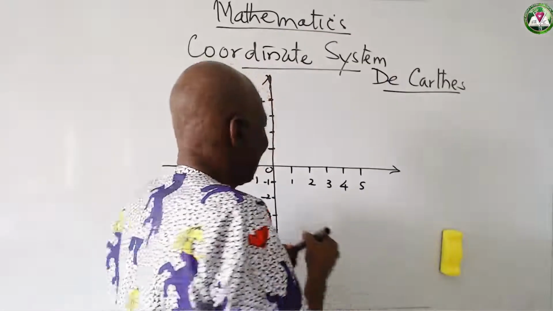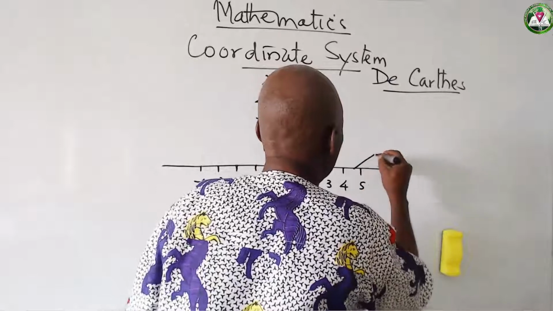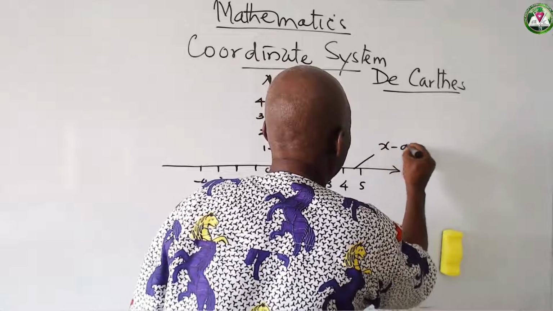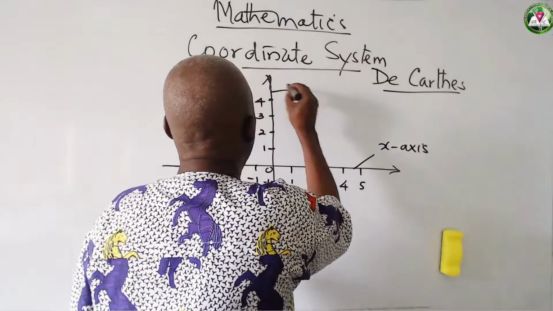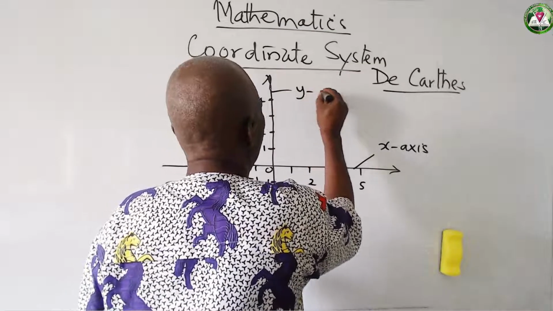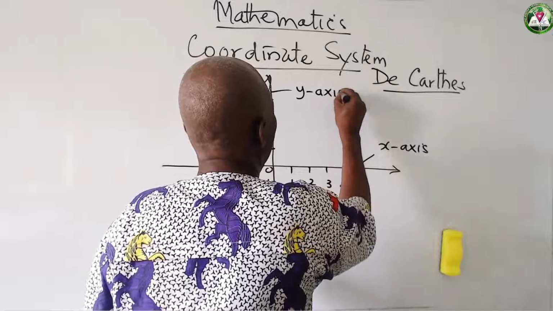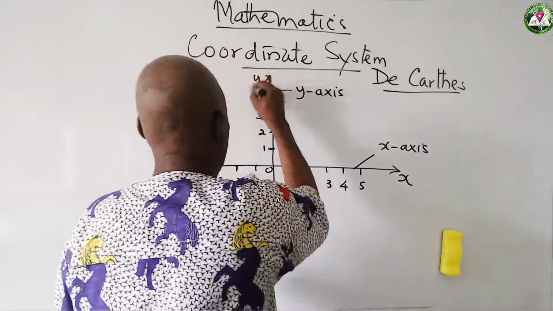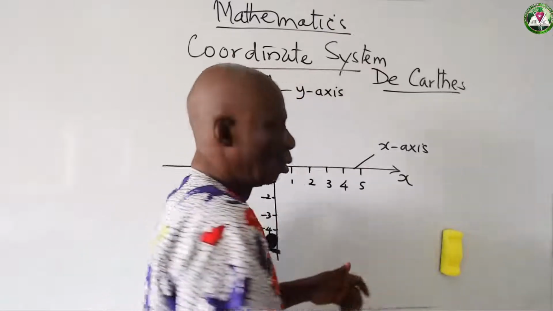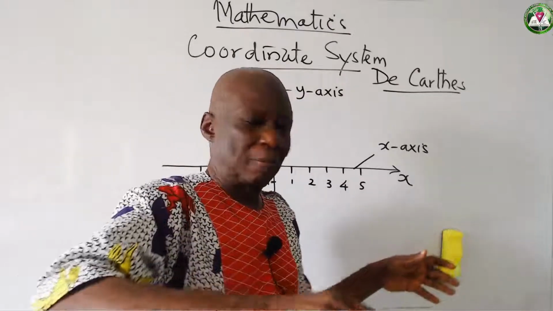So he said that this one now is the x-axis. This one here is the y-axis. And that is why when we are drawing, we always put x like that and put y like that, to show what that man did.